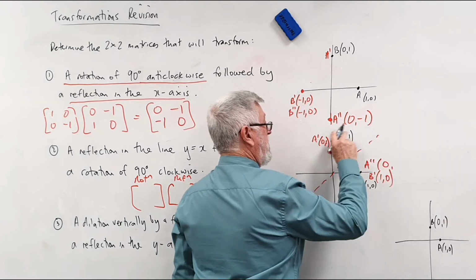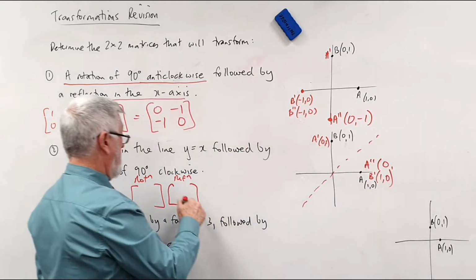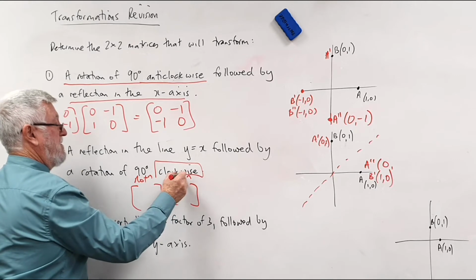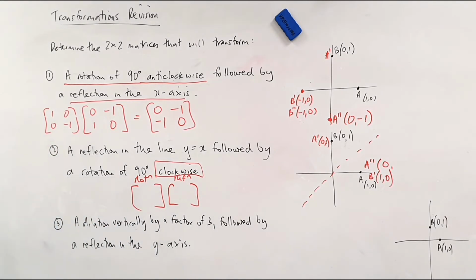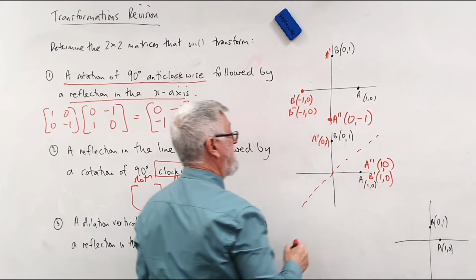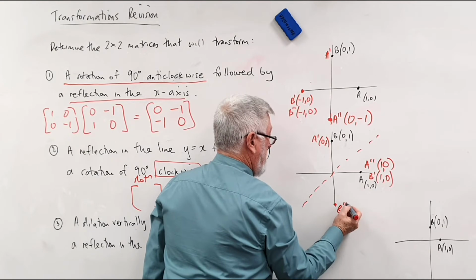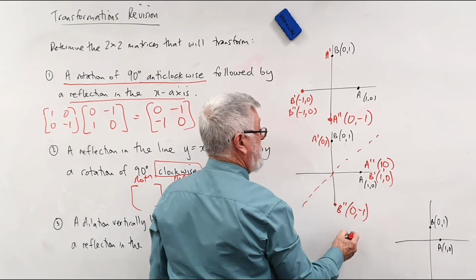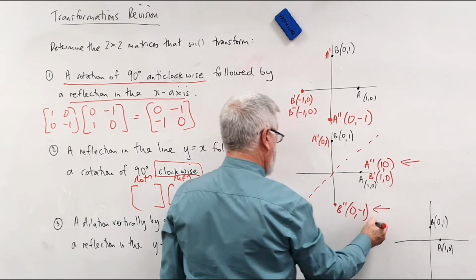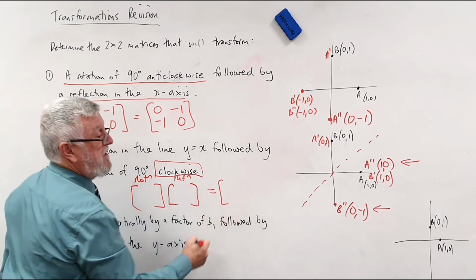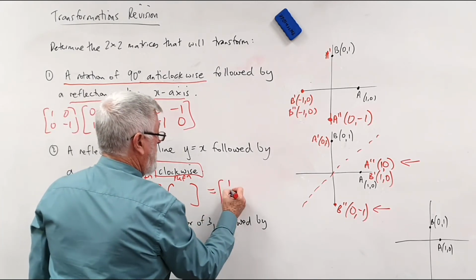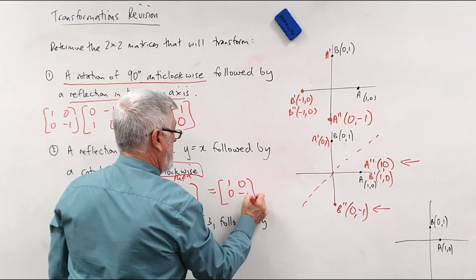So A goes to 1, 0, back to where it started from. And B goes to 0, negative 1, so B becomes B double dash, 0, negative 1. So what do we end up with? That one and that one: 1, 0, 0, negative 1.